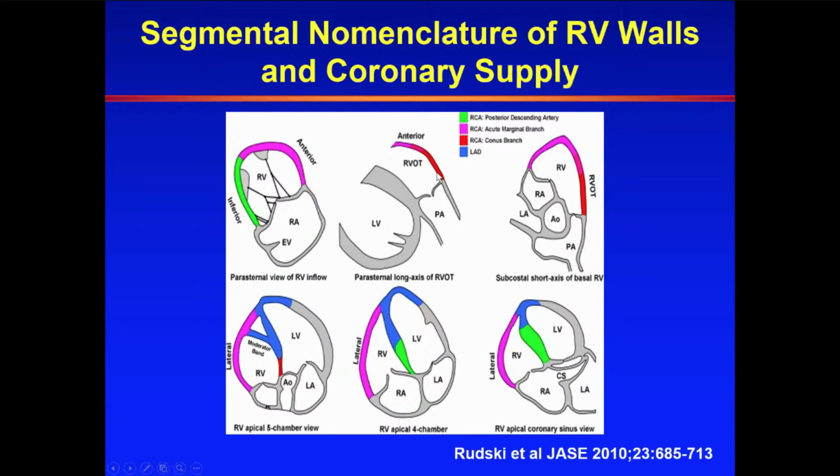The conus branch, which luckily you would not cannulate ever, gives the supply to the RV outflow tract. Free wall of the right ventricle gets its supply from the acute marginal branch. When you're looking at patients with coronary artery disease and RV segmental dysfunction, paying attention to which segments are affected can allow you to draw reasonable inferences about which vessel is diseased.